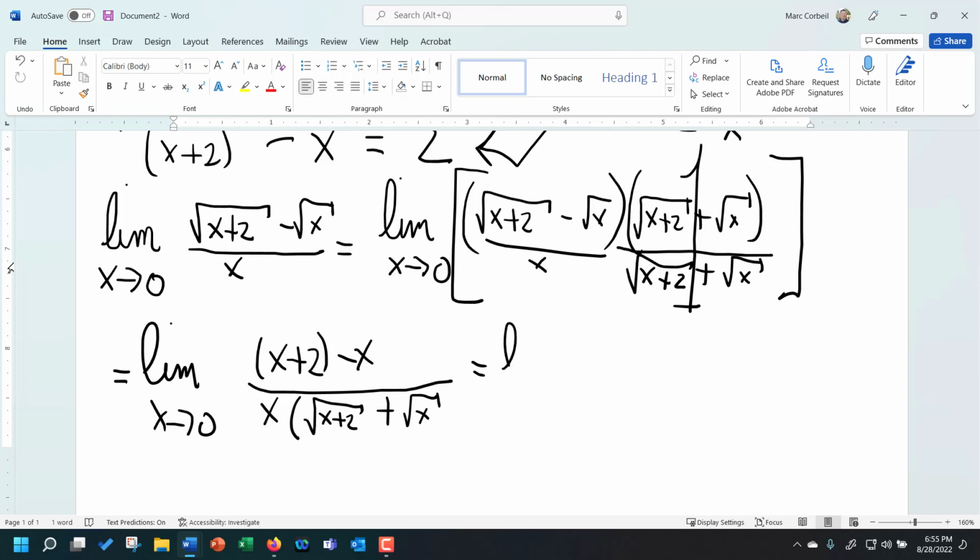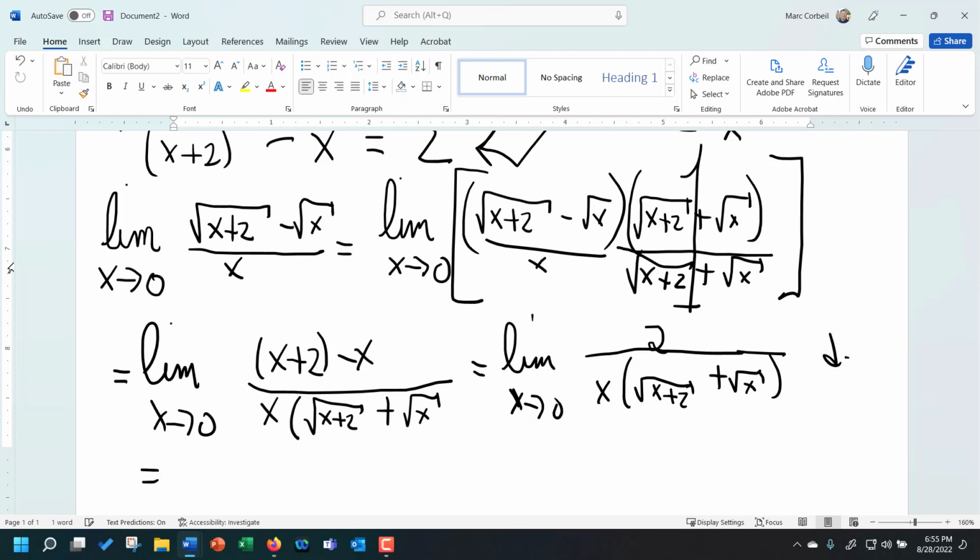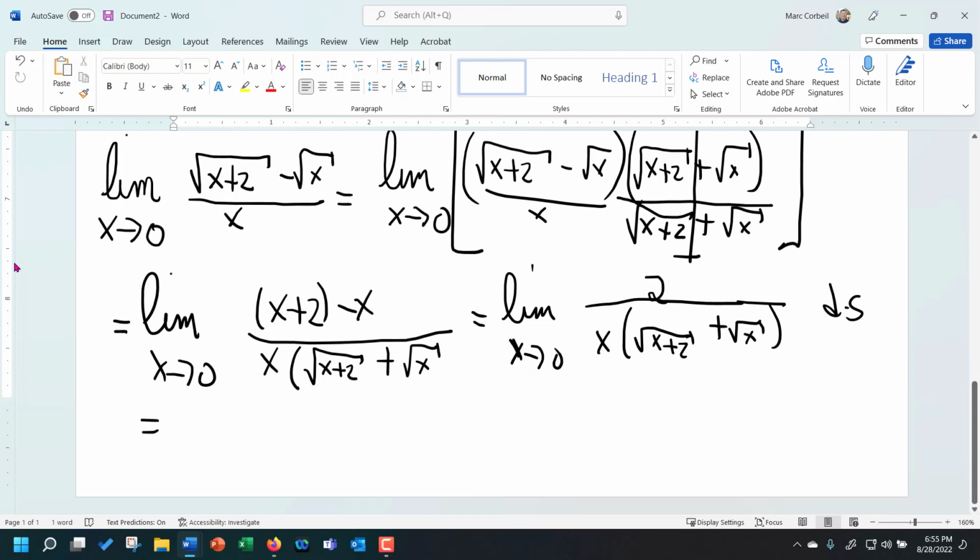And the numerator, we already mentioned that is going to be x plus 2 minus x. So we're just going to have 2 in the numerator. And in the denominator, we're going to have x times the square root of x plus 2 plus the square root of x. And when I finish that off, now I'm going to do direct substitution again because I've simplified it down.